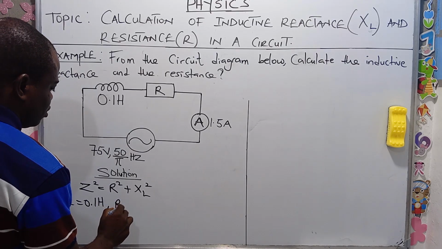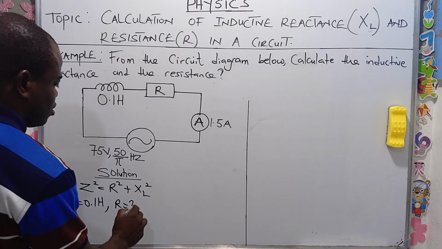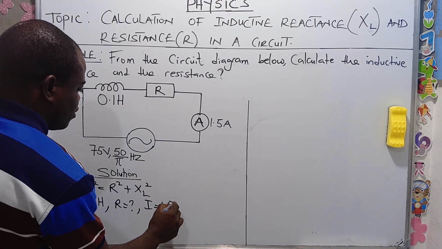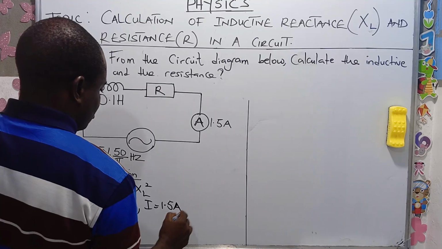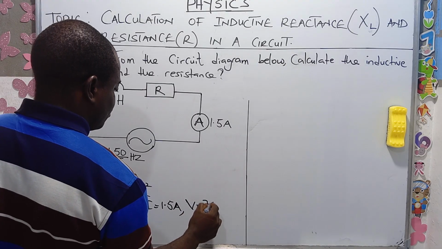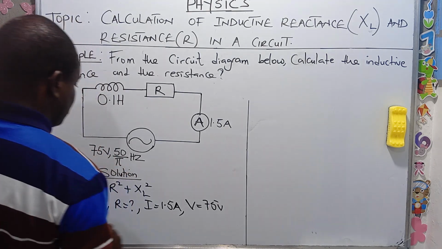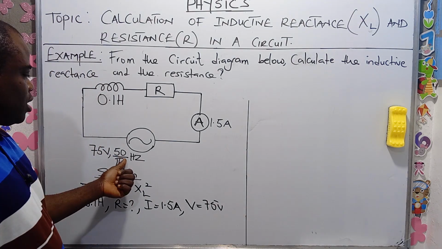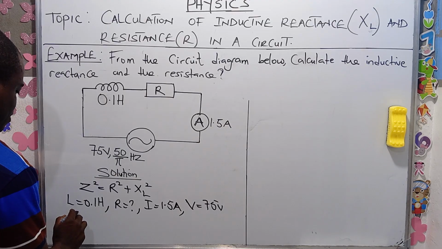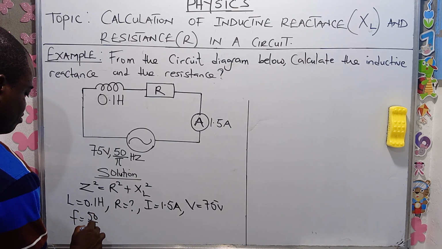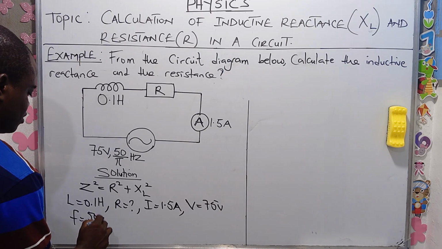Resistance, we don't have it. Current, we have current to be 1.5 ampere. PD, potential difference, will be 75 volts. And what you're seeing here is the frequency F, which is 50 over pi hertz.